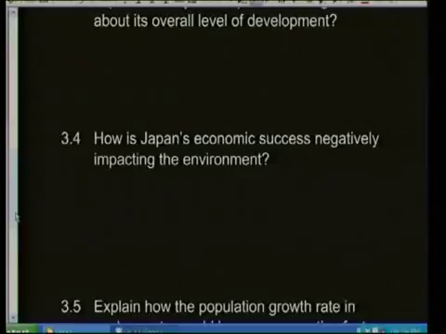So we can see that it's all pretty much due to the industrial activity that Japan is impacting the environment in a great way. And when we go back to the question, how is its economic success impacting the environment? Economic success is based on becoming industrialized. And that industrialization has caused pollution of that environment in various forms.